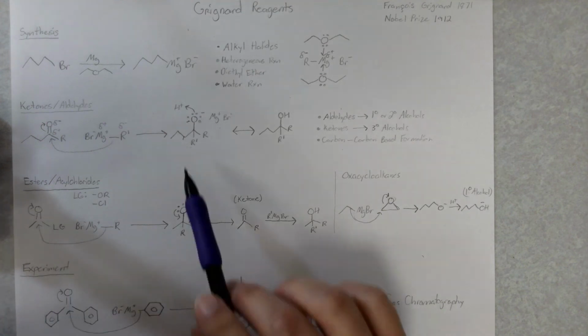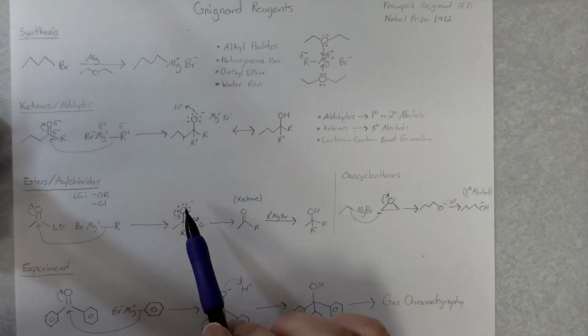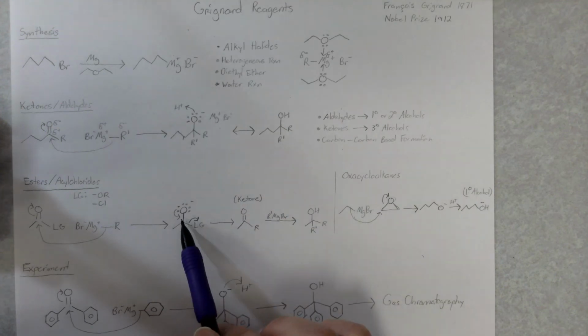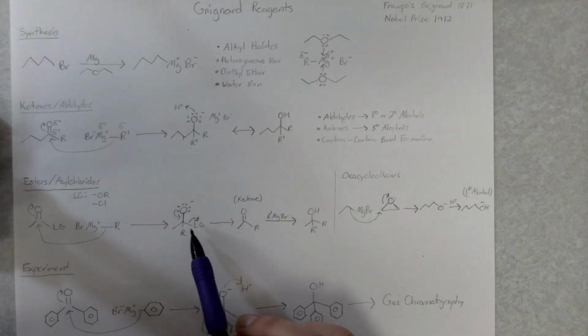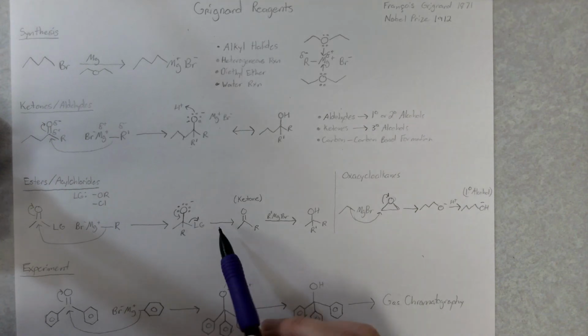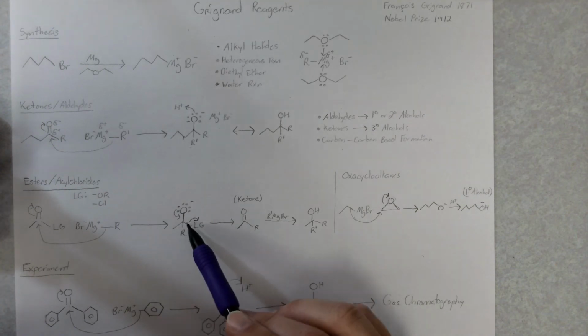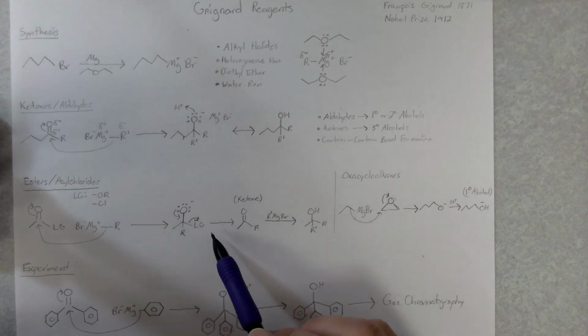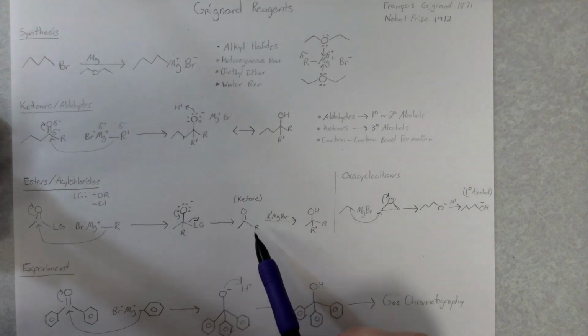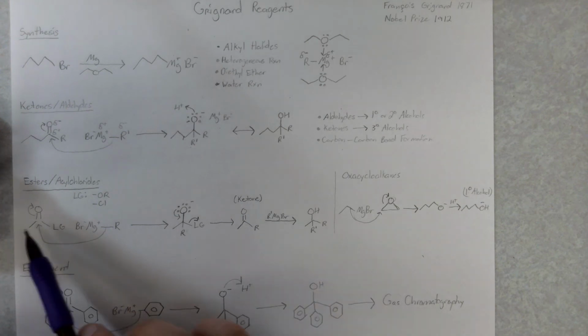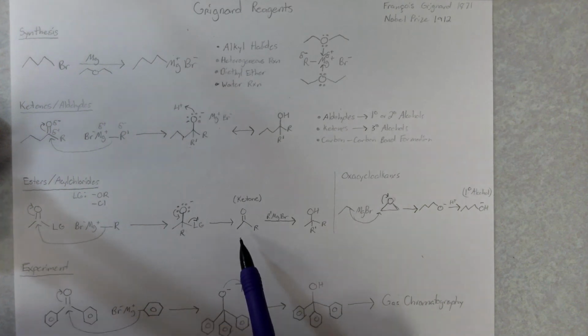But instead of a product workup and creating the alcohol right off, this double bond will reform, pushing off the leaving group, with the leaving group grabbing the electrons between it and the carbonyl carbon, and it is leaving, thus forming a ketone. Or if this was a hydrogen, then I guess we'd be forming an aldehyde.